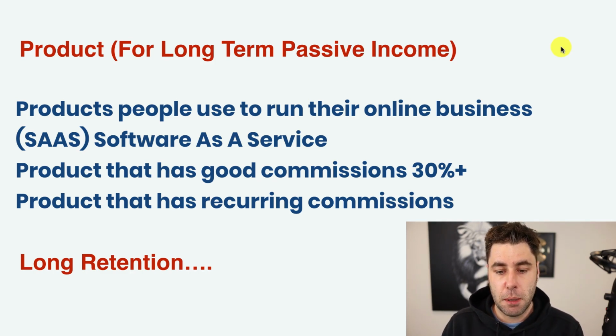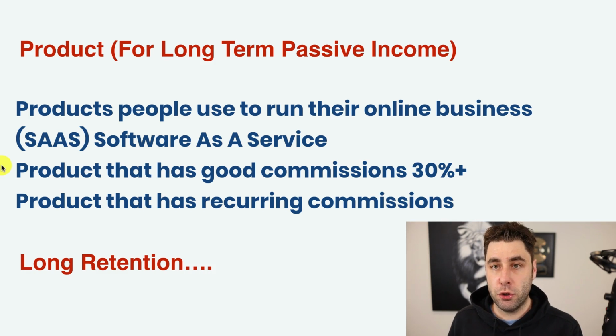So products people use to run their business. If you promote products like funnel builders, email marketing software, these are programs that people are going to use to run their online business. So the chances of them using this product for months or even years is very high. So the best products to promote are ones that people actually use in their online business. And most of the time, those are called SaaS companies, so software as a service.